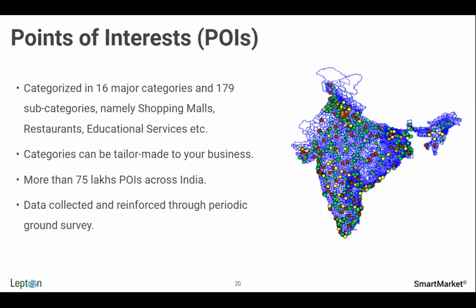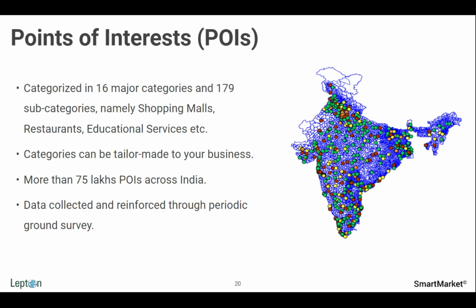Next is POI data. Within POI, we have 16 major categories and 179 further subcategories. POIs could be important shopping malls, important business areas. More than 75 lakh POIs are available with Lepton. Beyond that, we can provide POI data with the help of the Google Maps Places API.